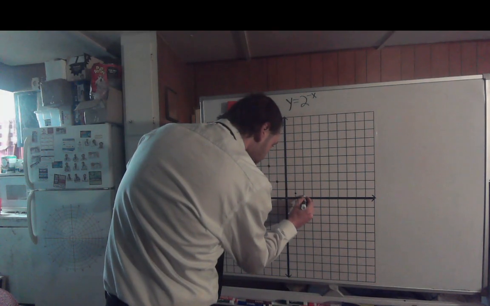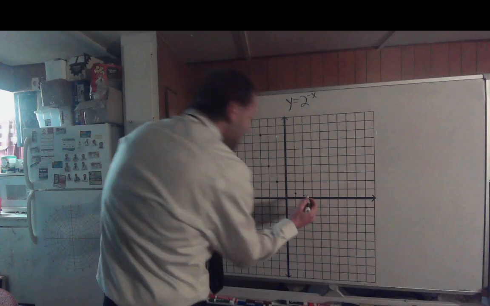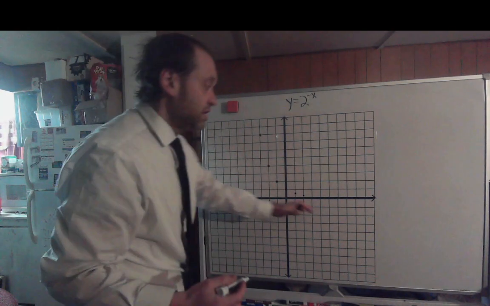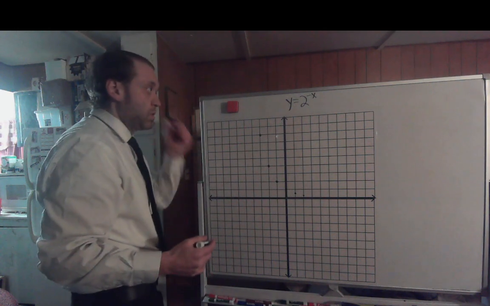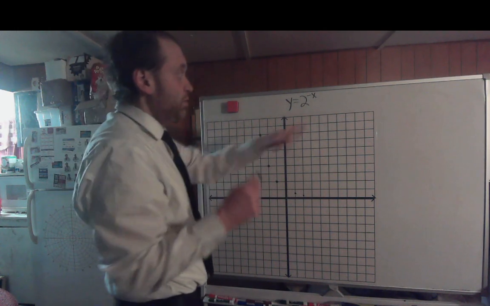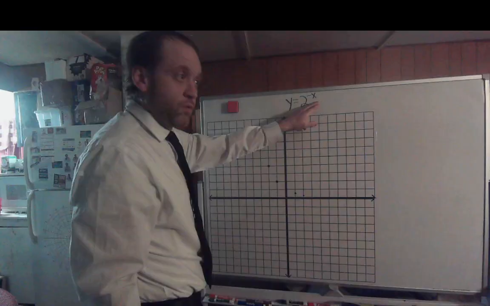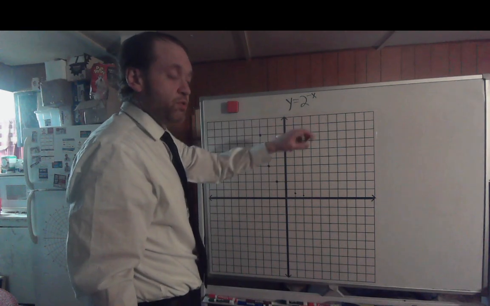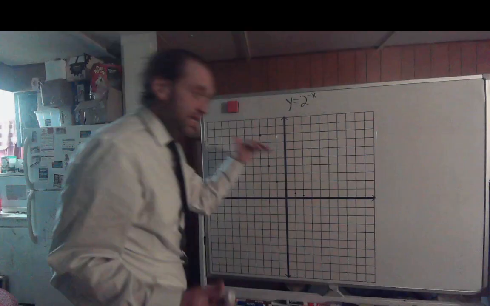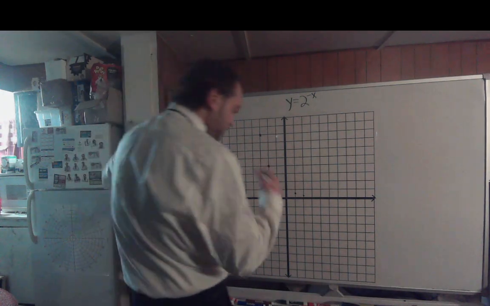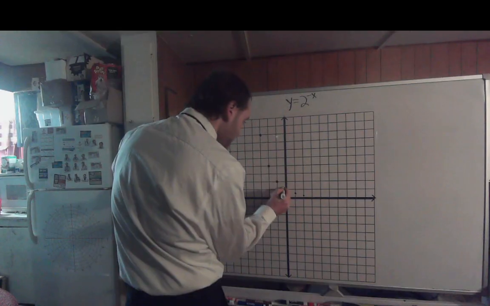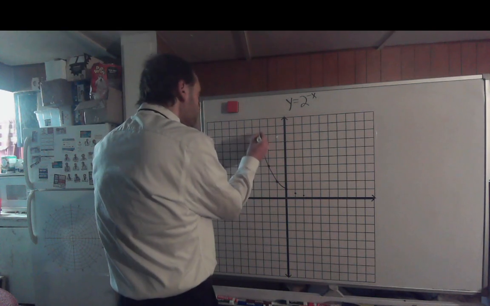So you'd be about down there. And then you see you get infinitely closer and closer to 0. Like if I did 3, you would have 2 to the negative third, which is 1/8. If I did 4, you'd have 2 to the negative fourth, which is 1/16, and it just gets infinitely closer and closer to 0. So let's go ahead and graph this bad boy here.